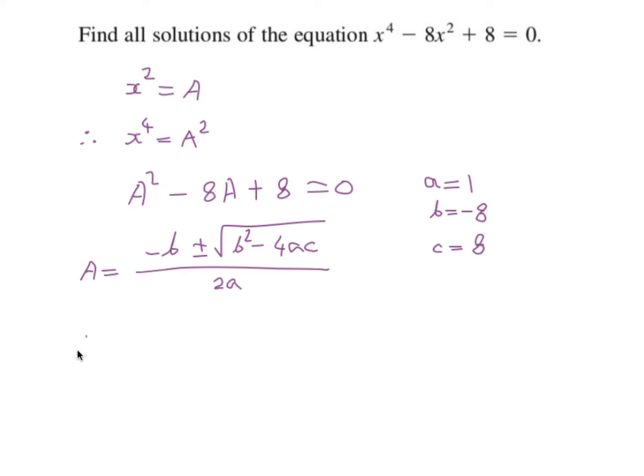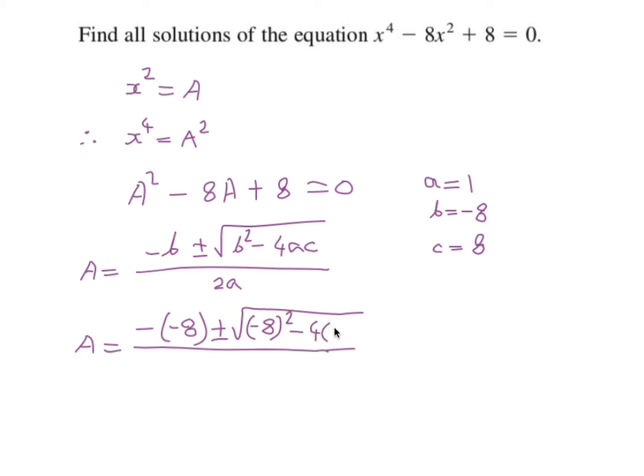Now we can put the values and find capital A. Minus b, that is minus of minus 8, plus minus square root of b square, that is minus 8 square, minus 4 times a value 1 and c value 8, upon 2 times a value 1.